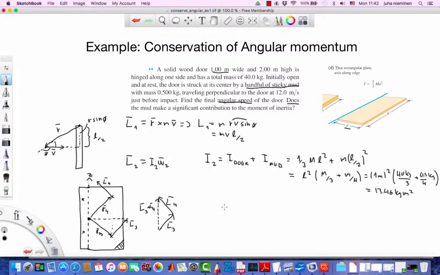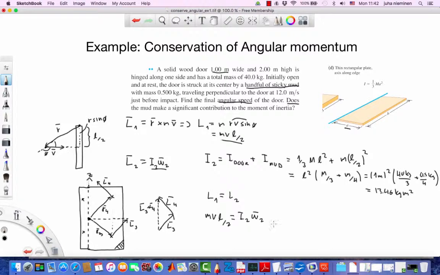And now angular momentum is conserved, so the magnitude of L1 is the same as the magnitude of L2, and we get mvL over 2 from here, and from here we get for L2, I2 times omega 2.